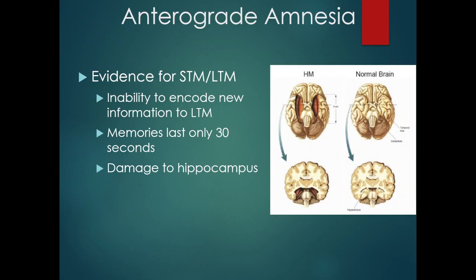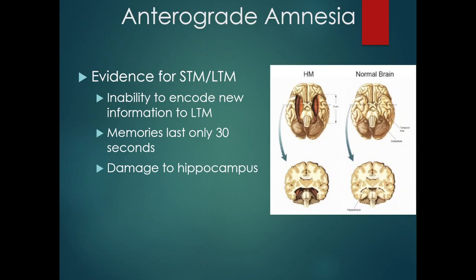Strokes are more likely to damage your hippocampus. Things like Alzheimer's damage the hippocampus. Certain kinds of viral infections can damage the hippocampus. These are usually things that are internal to the brain. It's not usually a blow from the outside that would cause anterograde amnesia. What you have is a person who cannot form new memories.